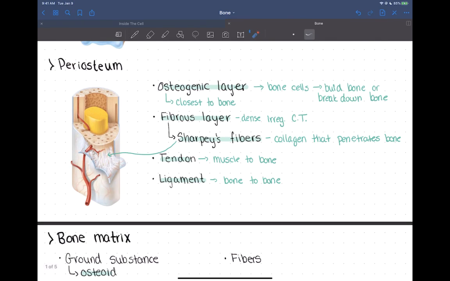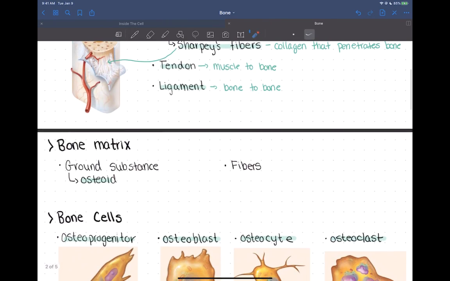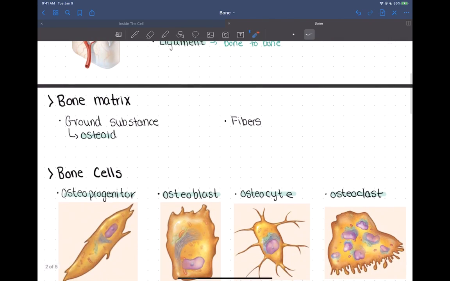So now let's move towards the inside of the bone, all right, and talk about the bone matrix. Okay, so we know bone is a connective tissue, all right, and that means that it is going to have a matrix. The matrix is made up of ground substance and fibers. So we've talked about with bone in our tissue chapter that the ground substance of bone is called osteoid.